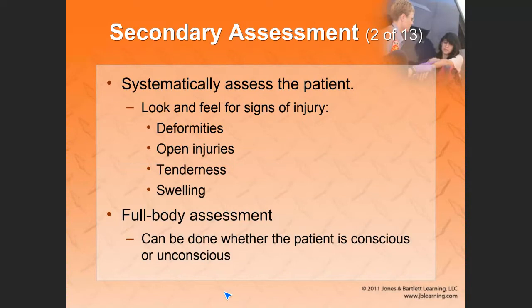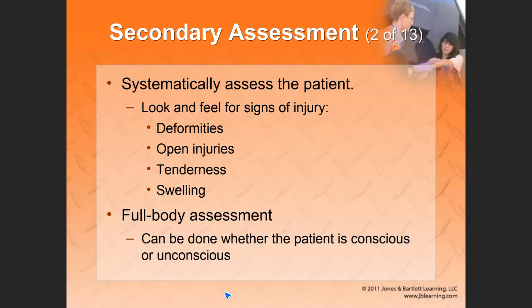A secondary assessment requires you to systematically assess the patient. You look and feel for signs of injury. So if you suspect trauma to the patient and the patient is not unstable, you will expose and you're looking for your DOTS: deformities, open wounds or injuries, sorry. T is tenderness, S swelling, DOTS. That's the acronym. The full body assessment can be done whether the patient is conscious or unconscious.